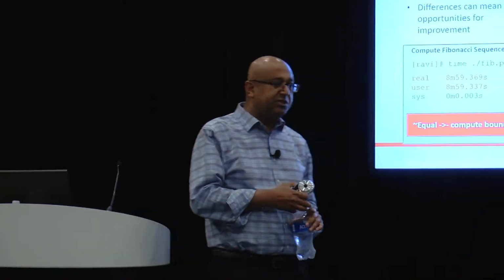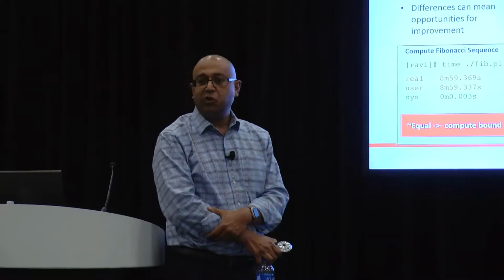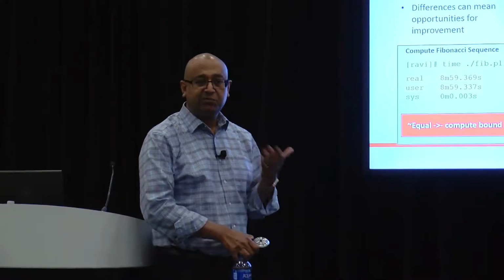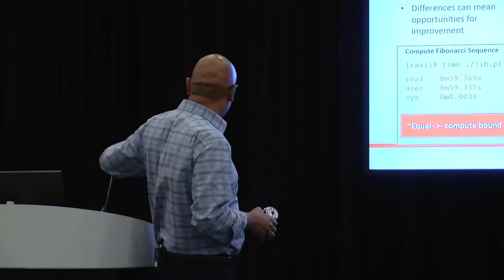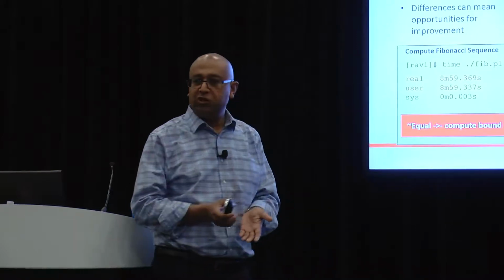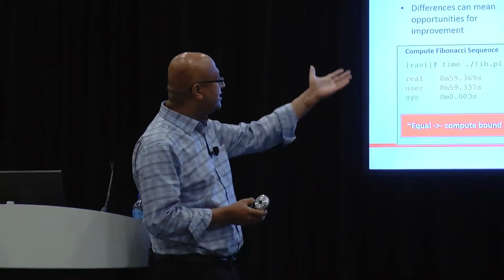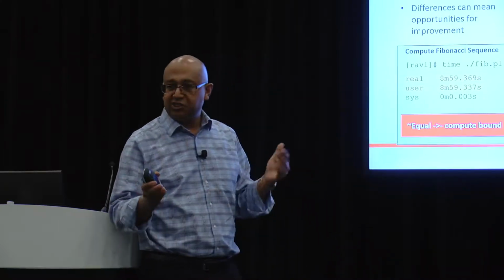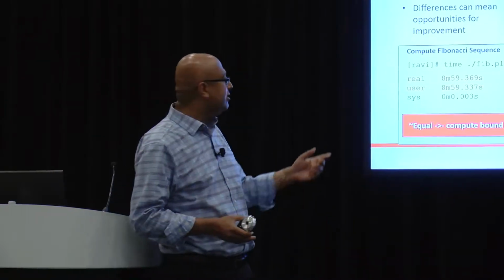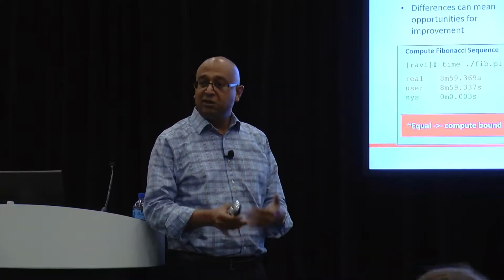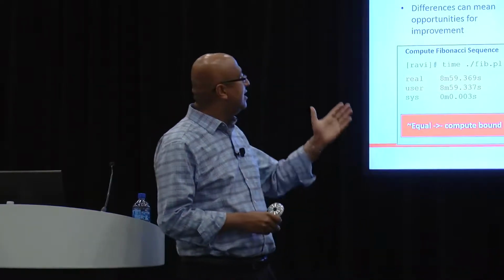One of the clues which I like to use and help customers use is looking at the CPU to wall time ratio on their jobs. Where you have big differences, that can imply an area for optimization and investigation, and oftentimes storage is a big contributor here. So here are some examples. Compute-bound workloads like a Fibonacci sequence have very little I/O, and you can see real time and user time are pretty much the same, so it's going quite well.